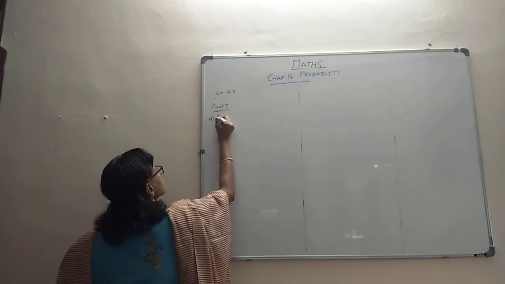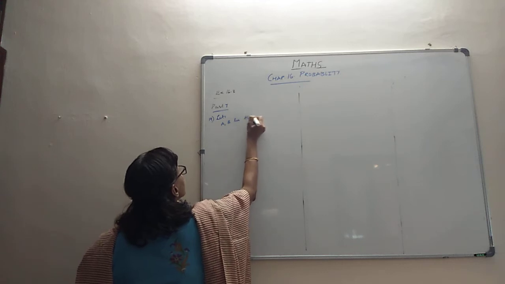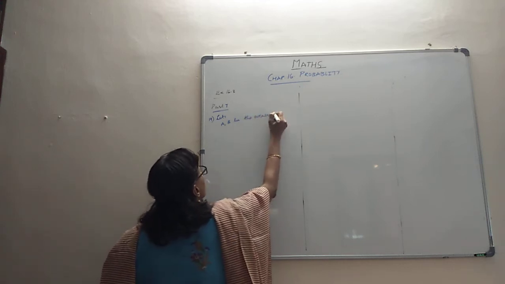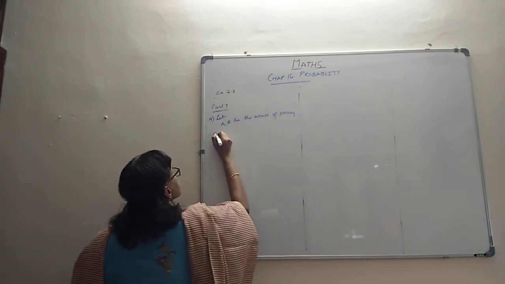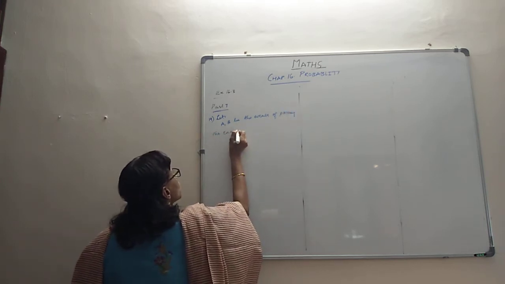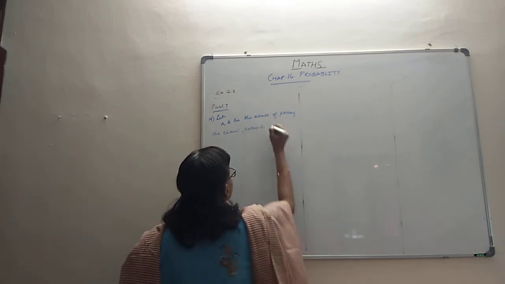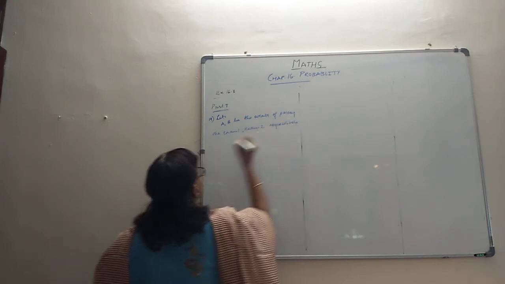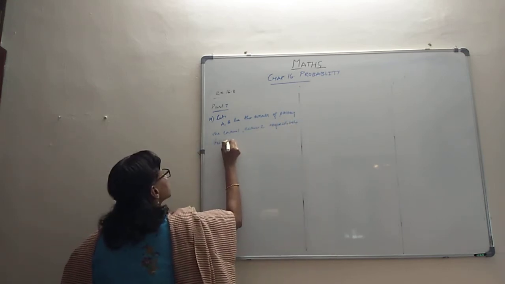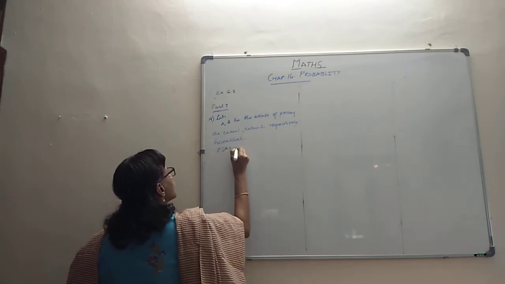So let A, B be the events of passing exam 1, exam 2 respectively. So what have they given? Probability of A is 0.8, the student passes the first exam.